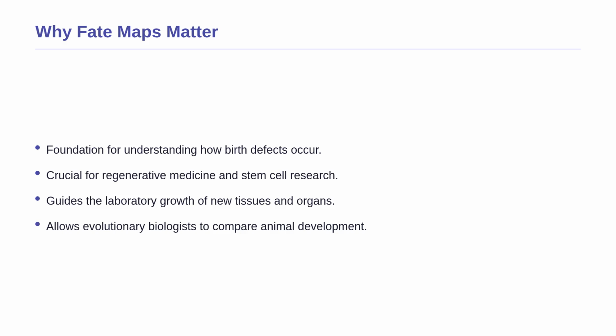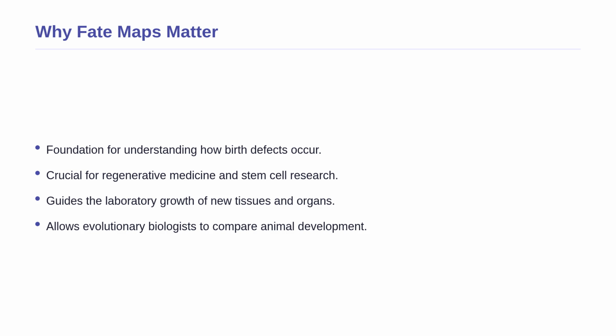Now that we can visualize a fate map, we must ask, why do these maps matter so much in the real world? First and foremost, they are the absolute foundation for understanding how birth defects occur. If we know where a tissue is supposed to come from, we can trace back exactly when and where the developmental process went wrong.